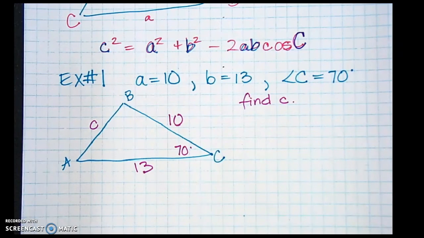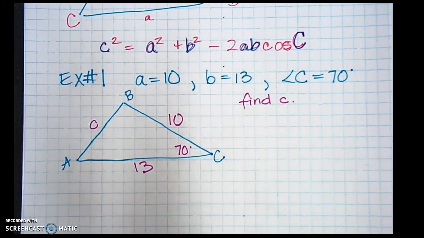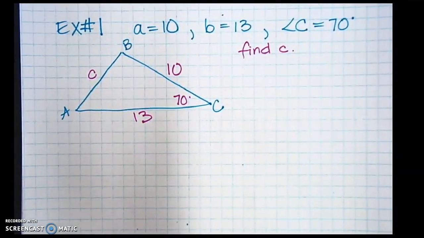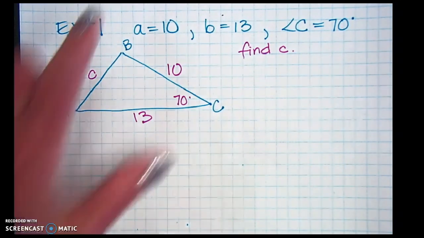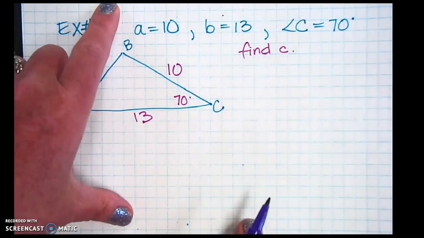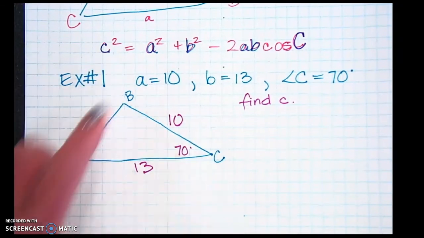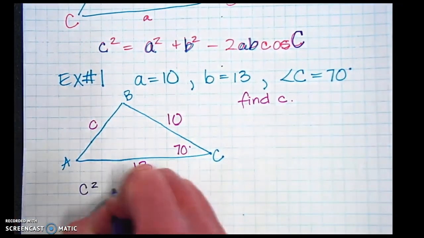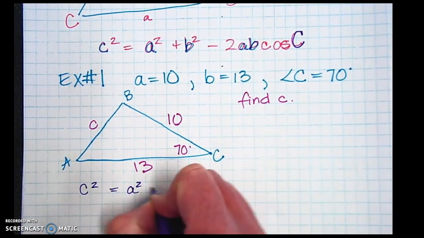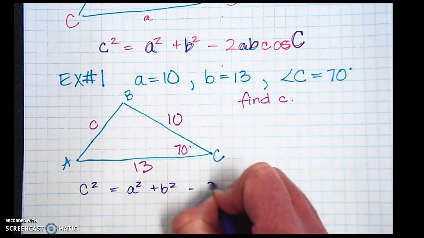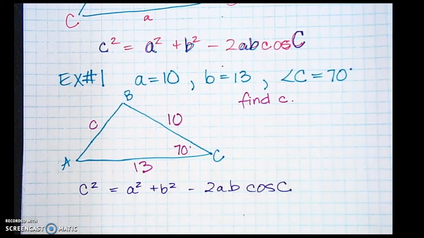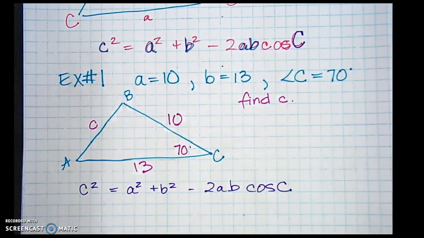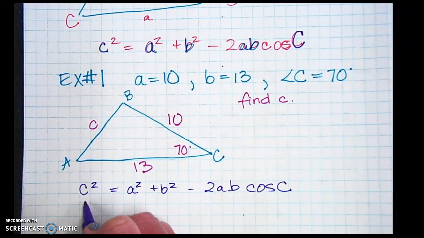Okay, so sometimes the triangle's already drawn for you, the information's already there. If not, draw one, label it the best you can, and then decide which of the 3 formulas you're going to use. Because we're solving for C, we're going to use that one I just gave you, the C squared. So we're going to use C squared equals A squared plus B squared minus 2AB times the cosine of C. So C is what we want to find.